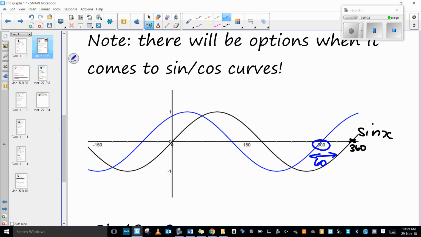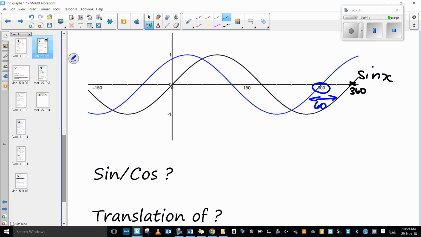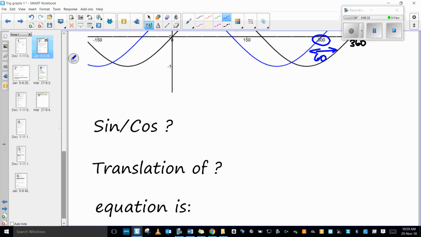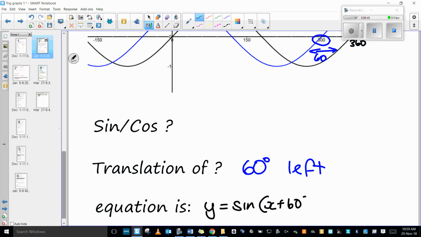So from the black to the blue, we've gone left 60 degrees. So if we're going left, we know it's going to be a plus value. So this must be a translation of 60 degrees left. And so the equation would be y equals sine of x plus 60.